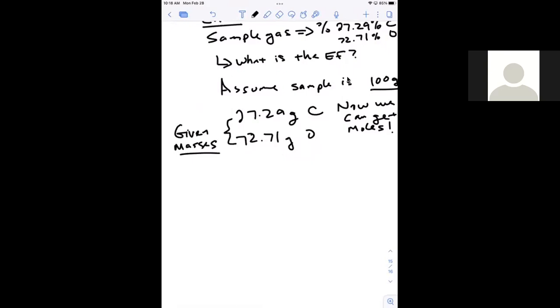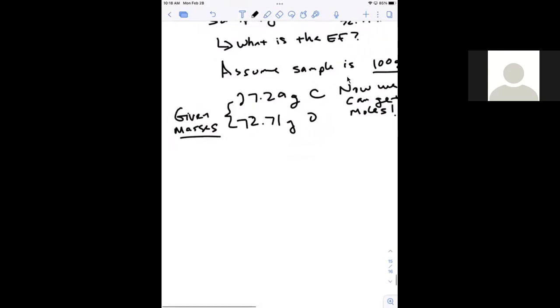So now all we need to do is set this up by finding out what number of moles each one of those represents. So let's see, was it 27.29 grams divided by what are we going to use for carbon? Because it's the given mass over the atomic mass, is that right?